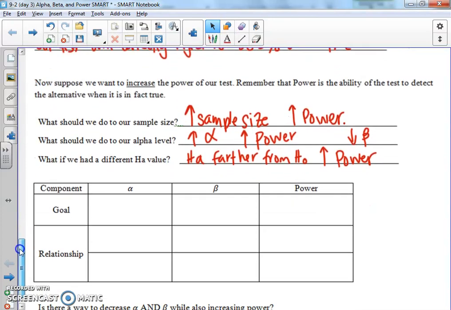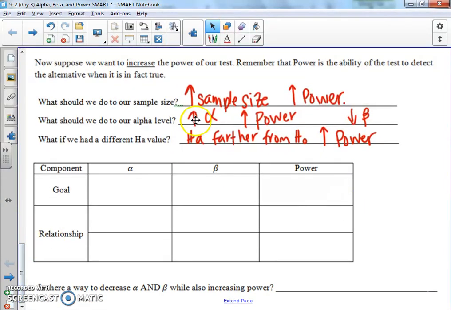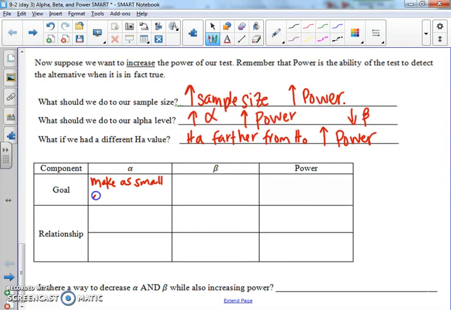So lastly, we have this little chart, and the chart basically wraps up what we were saying here. Remember alpha is the probability of a type 1 error. So our goal for alpha is to make it as small as possible because we don't want to make a type 1 error.